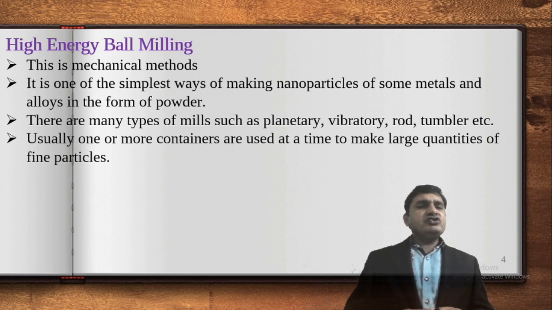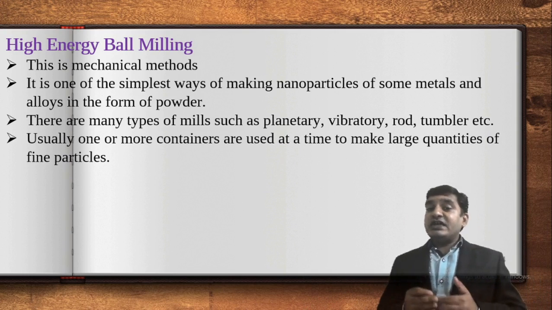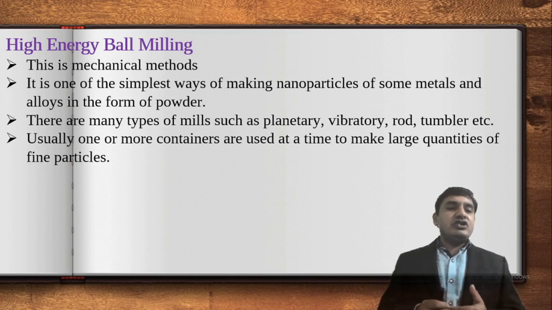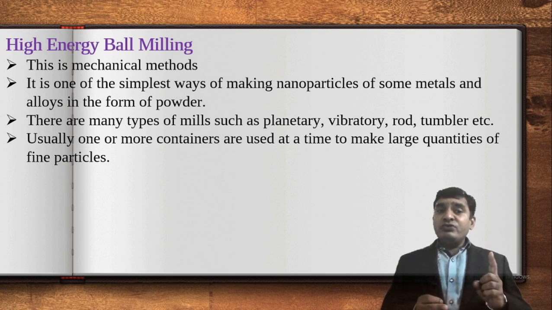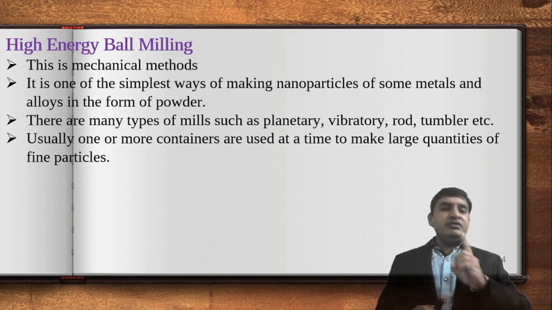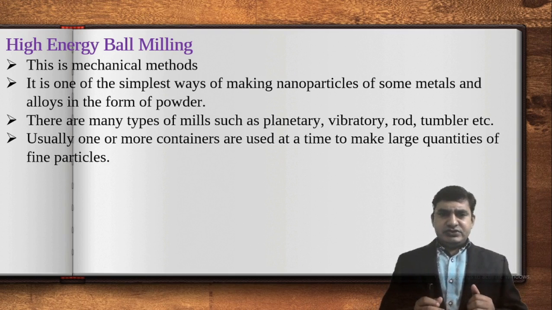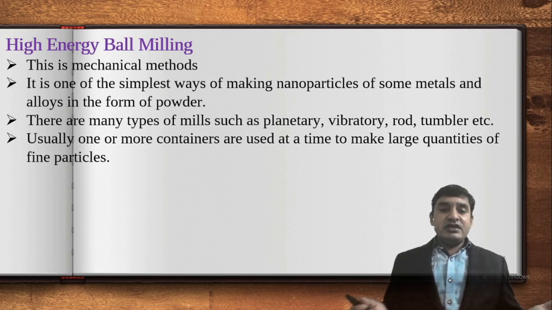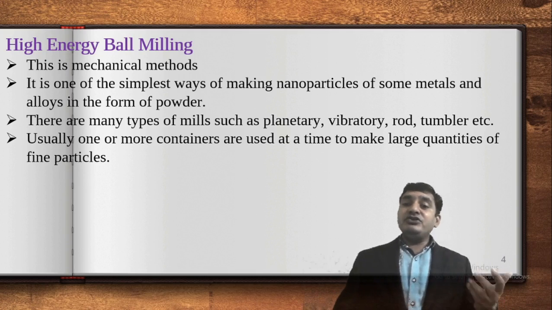Then usually one or more containers are used at a time to make a large quantity of fine particles. When we have to synthesize only one material, then one container is used. If we have to synthesize more than one material, then more containers can be used.